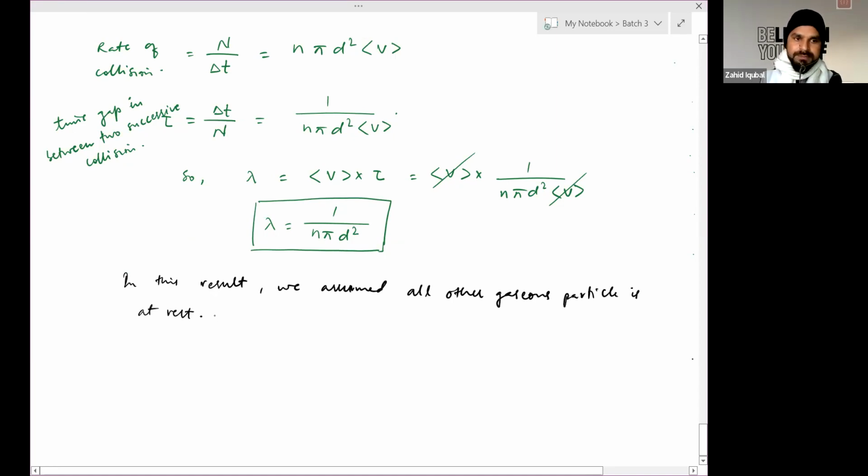But in general, there will be random motion between particles.